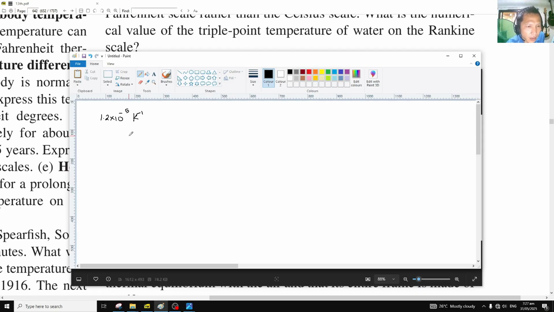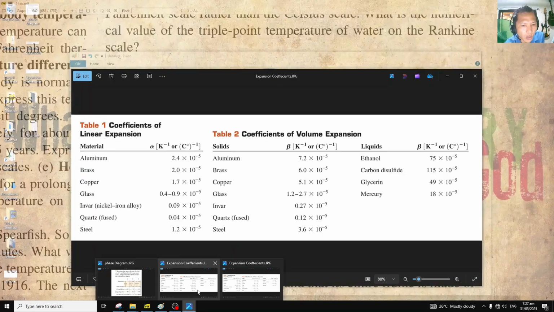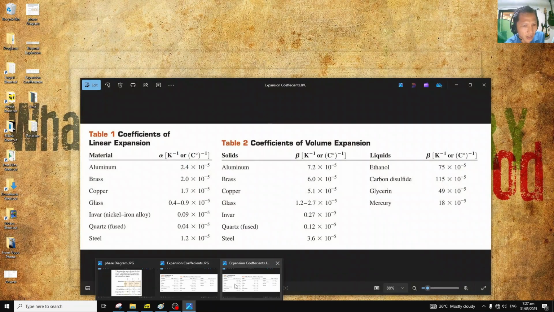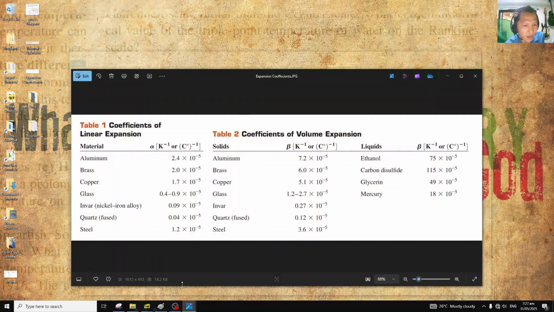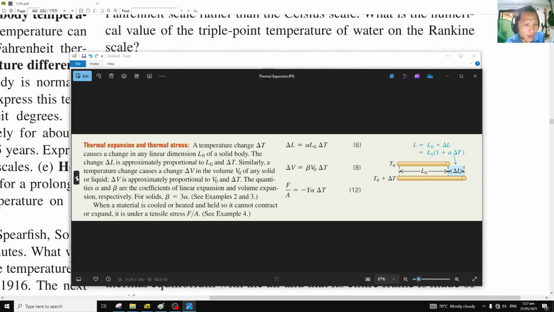So let's write the formula. Delta L, the change in length, would be alpha L0 delta T.